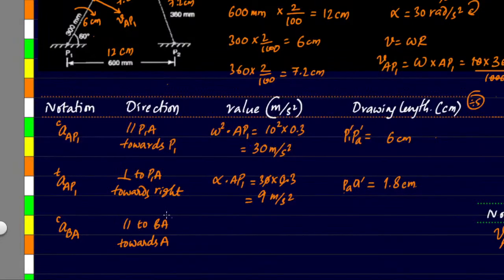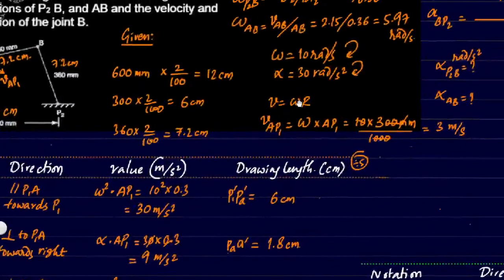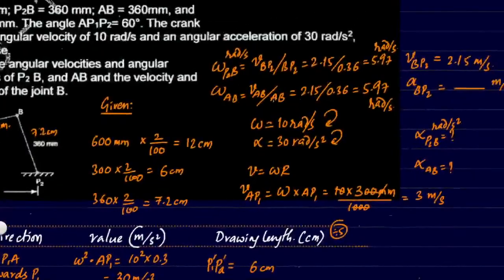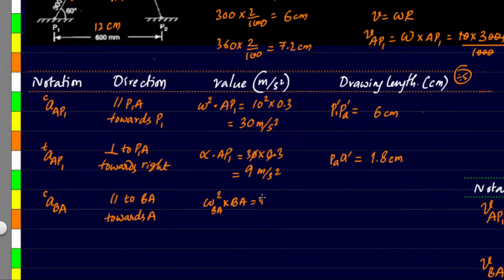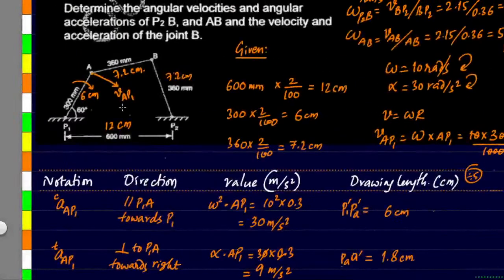This is again centripetal, so centripetal is omega square into the length. In this case, the length is BA, and omega also we have to take for BA only. Omega for AB or BA, both will be same. That is found as 5.97. So 5.97 square into BA. BA length is 7.2.